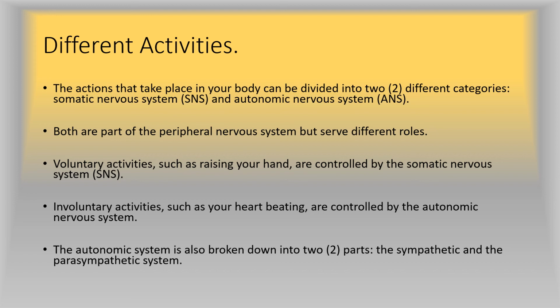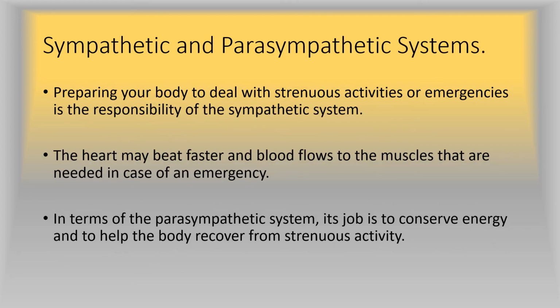Now, the autonomic system can also be broken into two parts: the sympathetic and the parasympathetic system. They both prepare your body. The sympathetic, it's a tongue twister, the sympathetic system prepares your body to deal with strenuous activities or emergencies.